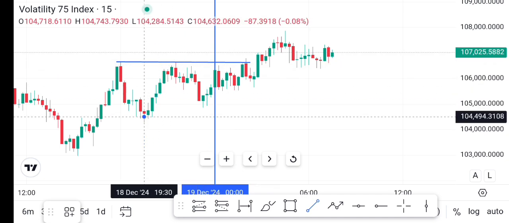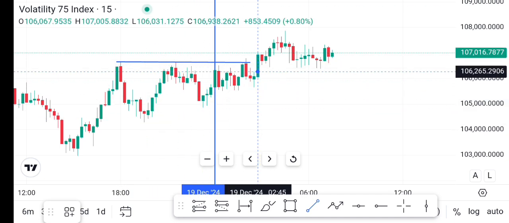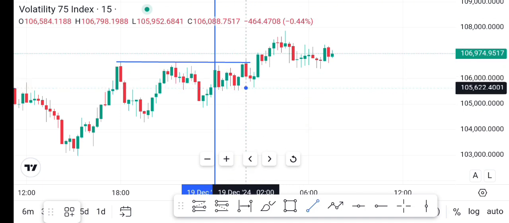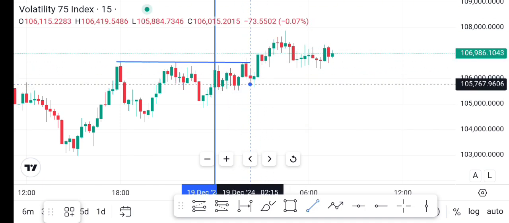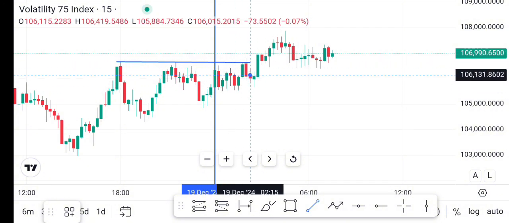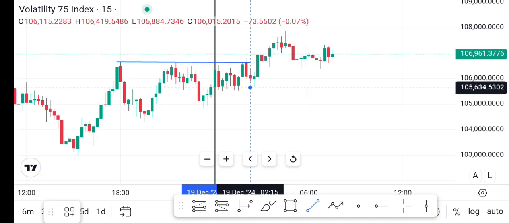We have this low, this low, and this low. Do you see? We have not taken off any of the lows. So we have to wait for the market to come and take off this low, because this low is the one that made all of this go up.